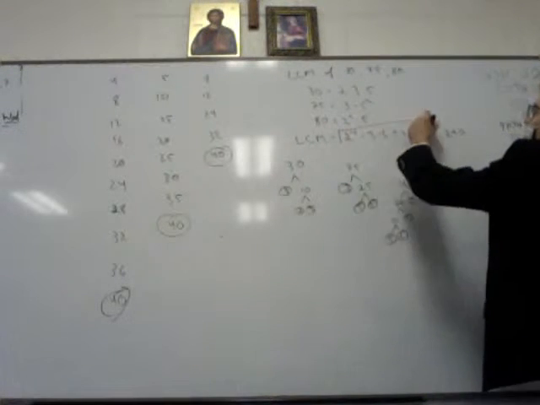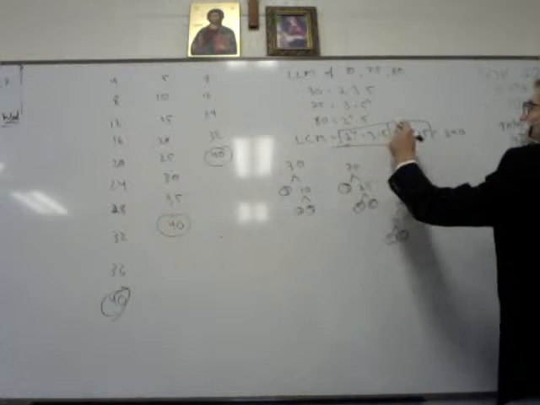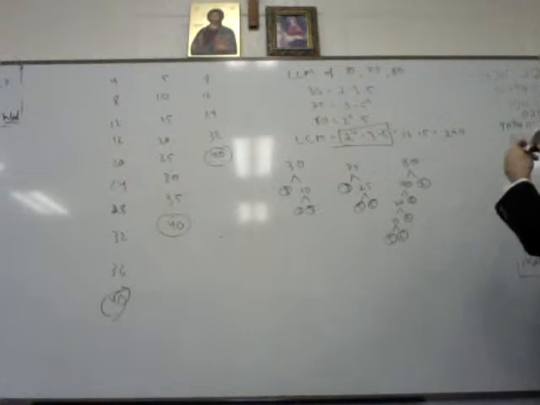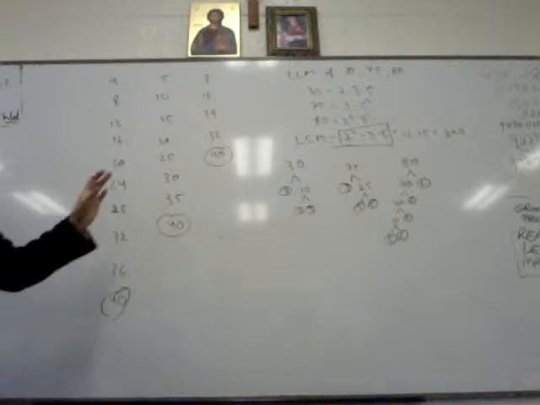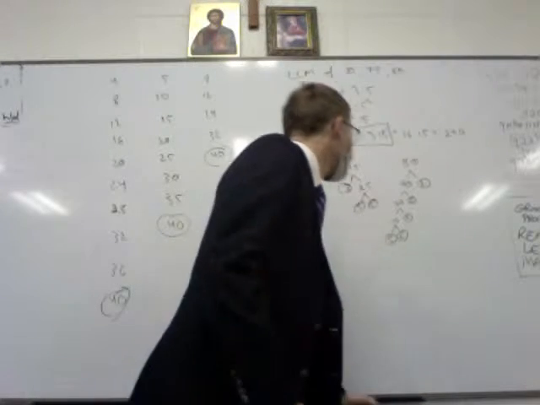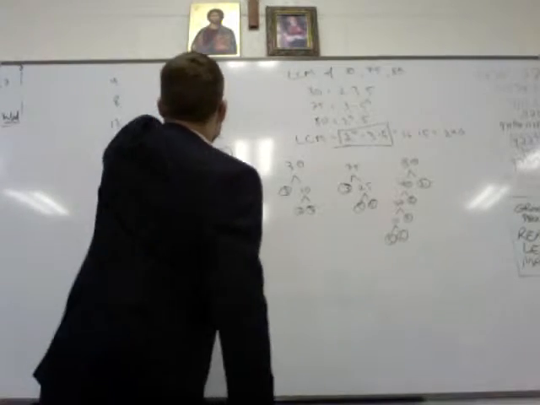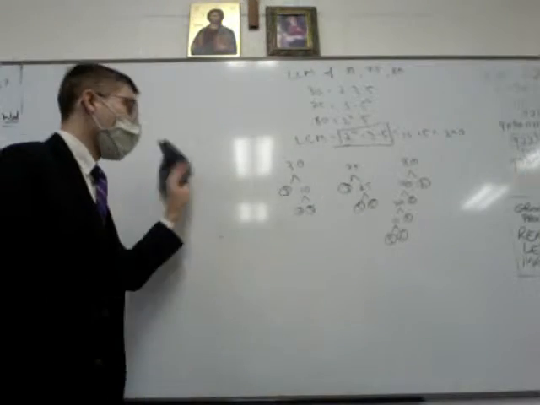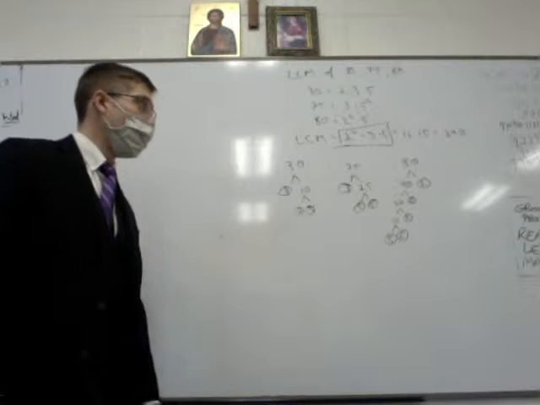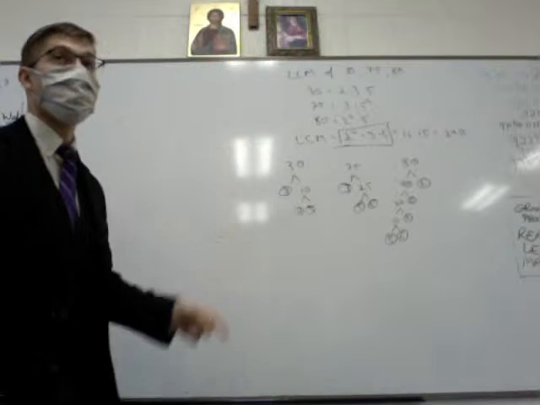You don't need to multiply it out. You can write it as a product of prime factors. That's if we're dealing with just straight up big numbers and finding the least common multiple. If you can't easily do it in your head, do this.